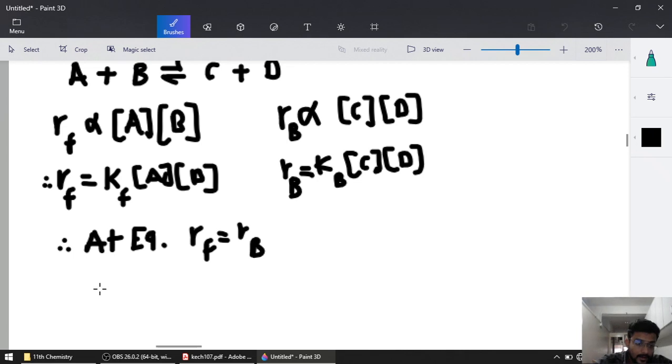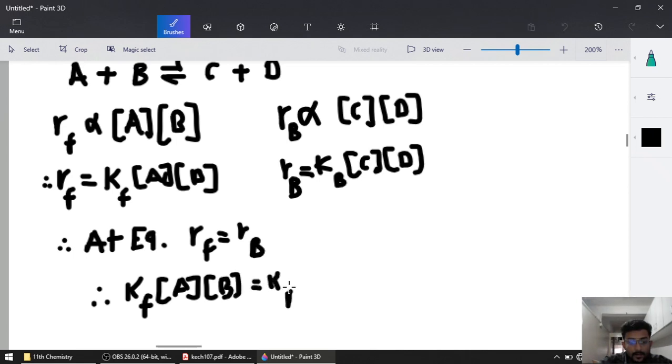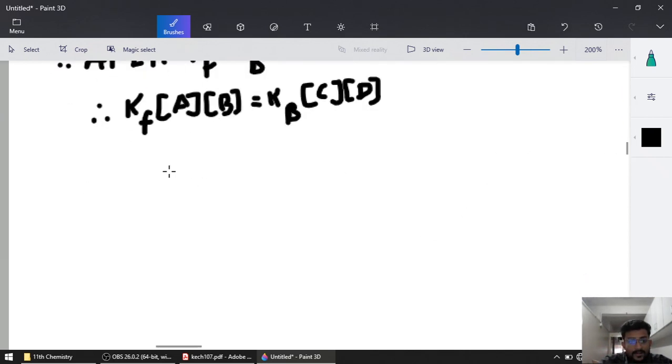That's why compare the values. Kf into concentration of A and concentration of B will be equal to Kb into concentration of C and concentration of D. Now constant will be on one side and concentration will be on the other side.